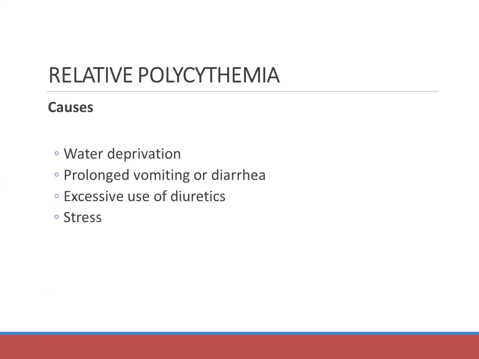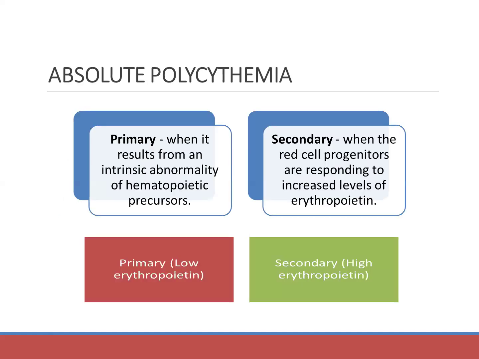Relative polycythemia may be due to dehydration, vomiting, diarrhea, excessive diuretics, and stressful conditions. In all these conditions, plasma volume is decreased, so it appears that the number of red cells has increased, but actually it has not. Absolute polycythemia is further divided into two types, primary and secondary.